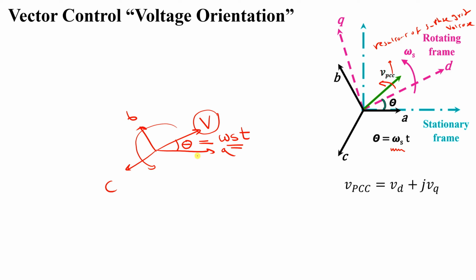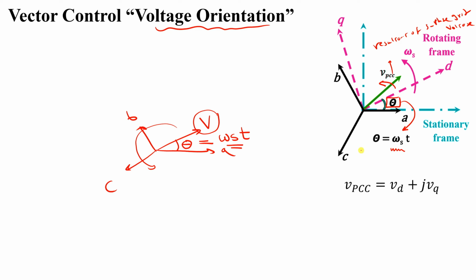So what are we going to do? In this example, we are going to do voltage orientation. Remember that in order to get the DQ frame, we need a transformation angle, theta, right? In the previous example, we selected theta as omega s t.